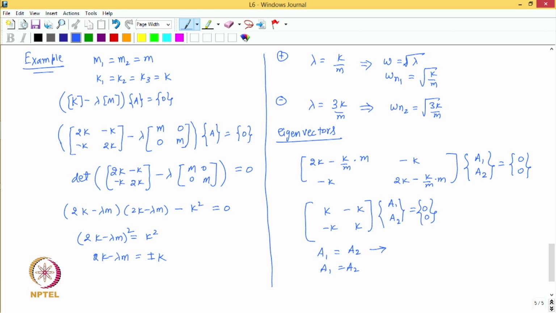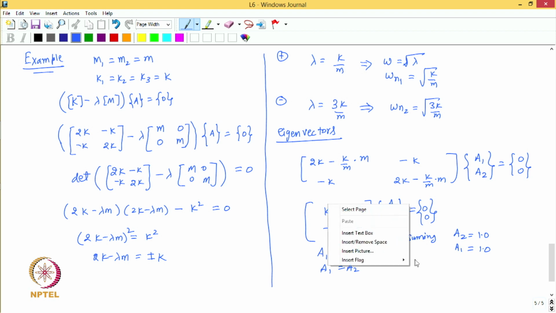This is a result of the fact that the equations are homogeneous, so they cannot be uniquely solved. Therefore, if we assume A2 is equal to 1, then A1 also becomes 1.